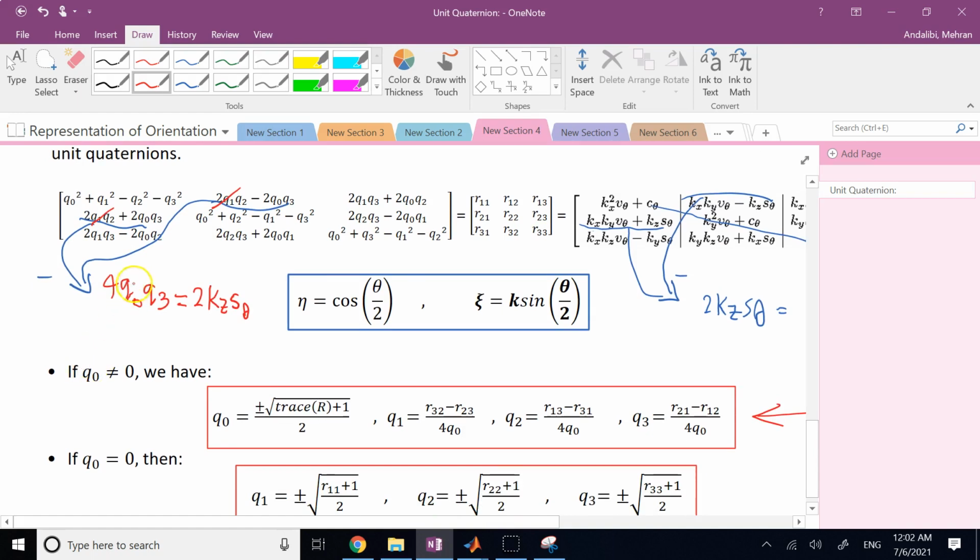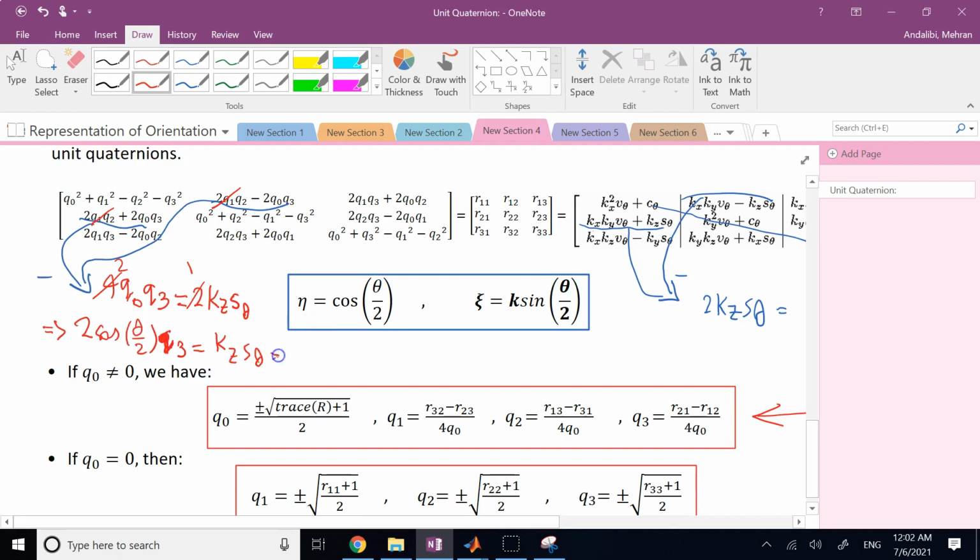Right? And what was q0 itself? It was cosine of half angle. So it becomes that, and if you simplify a 2 from both sides, you will get 2 times q0, and q0 was cosine of half angle, times q3 is equal to kz sine of theta.